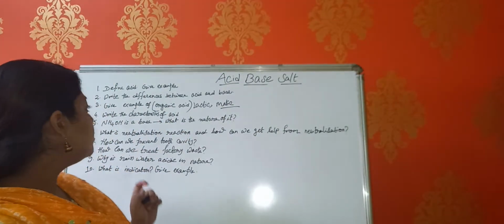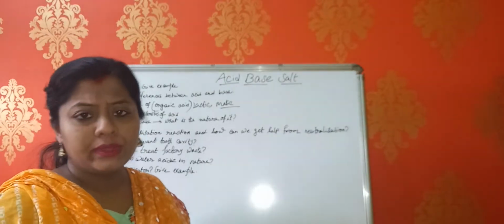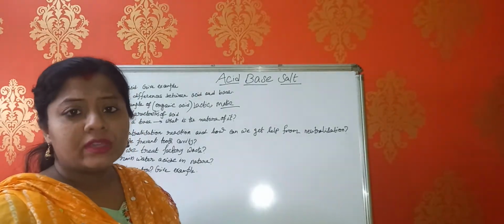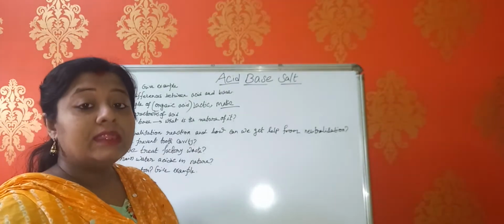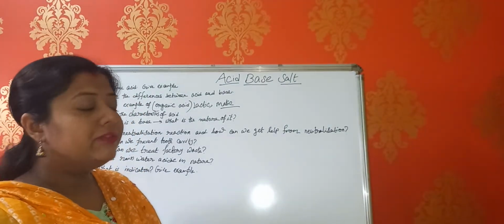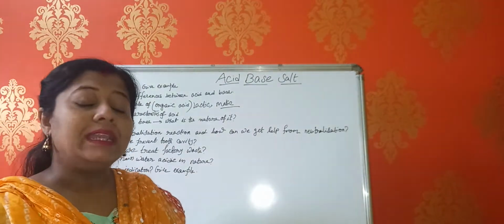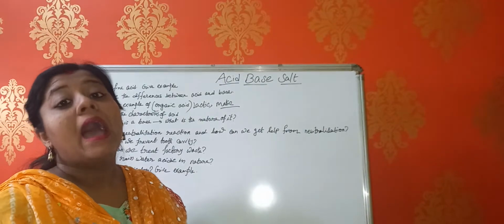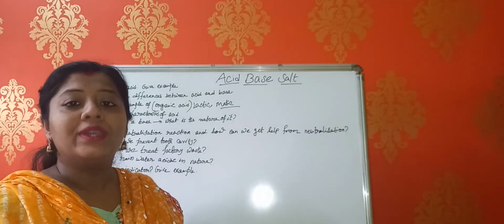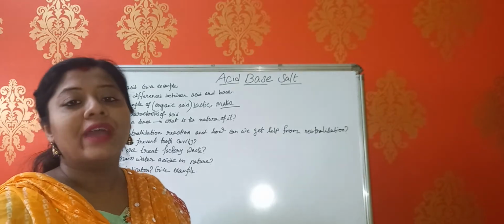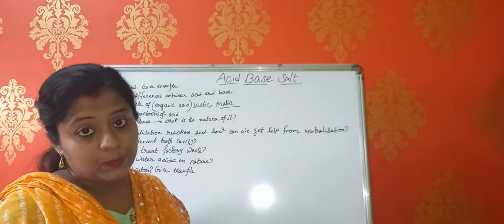You can give one or two examples. If you take my suggestion, better mention the source of that organic acid. If you mention malic acid, write that malic acid is found in apple. If you mention formic acid, say formic acid is found in the body of ant. This is how you write the example.